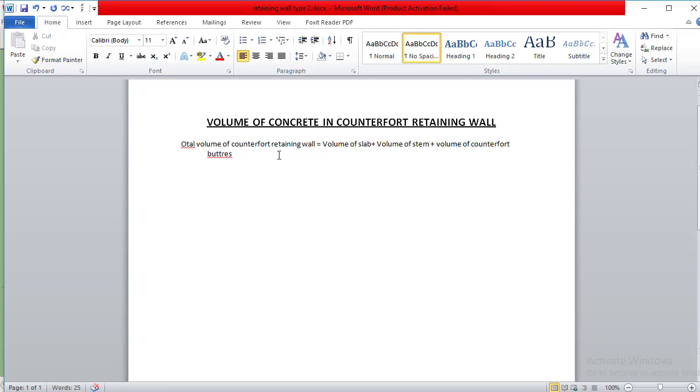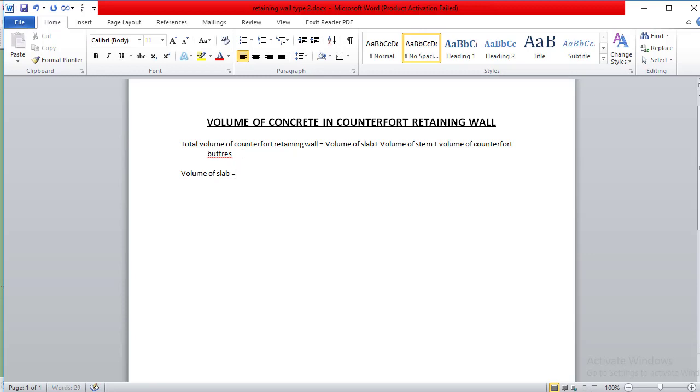So this is the main formula to find out the total volume of a counterfort retaining wall. Now let's start with the volume of the slab.